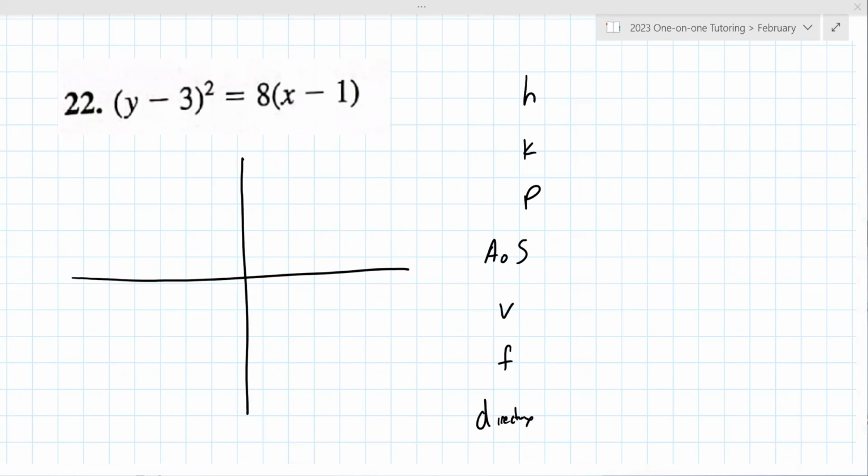Okay. Axis of symmetry is... right. Okay. Vertex.